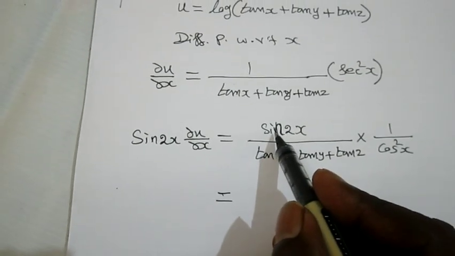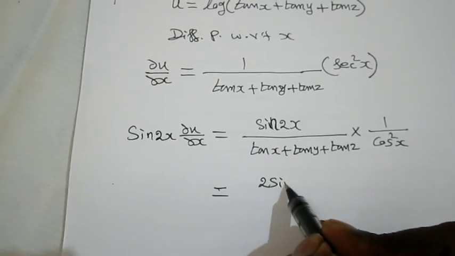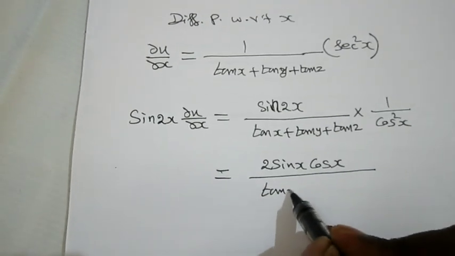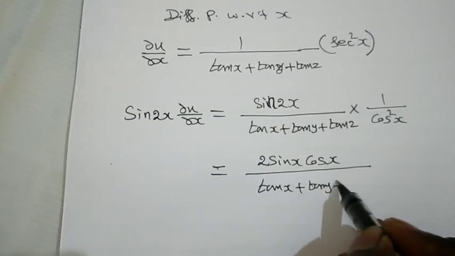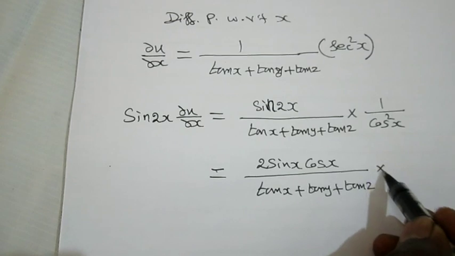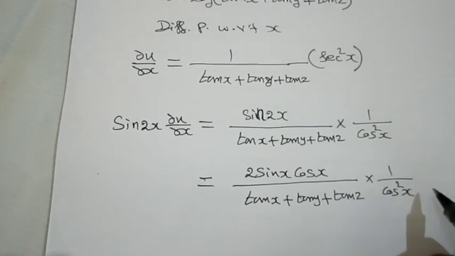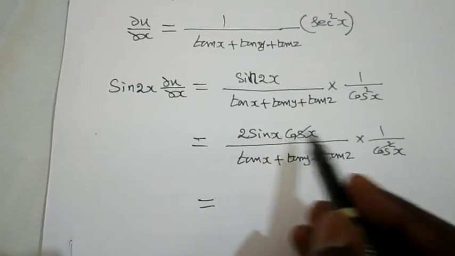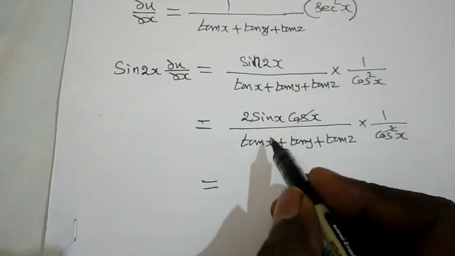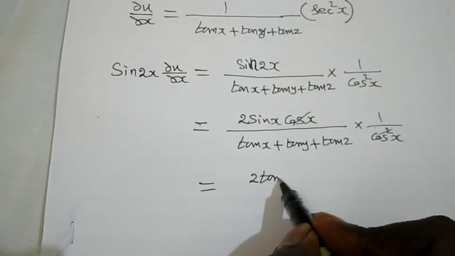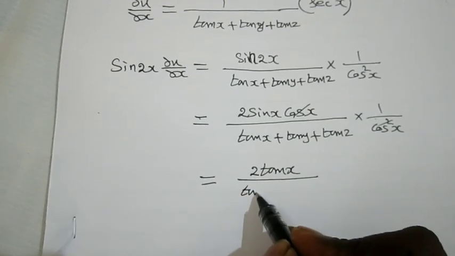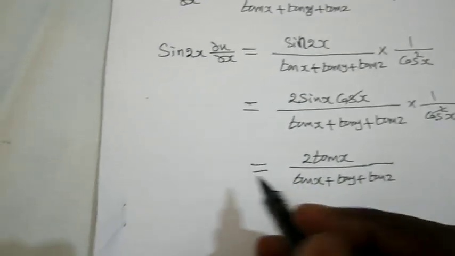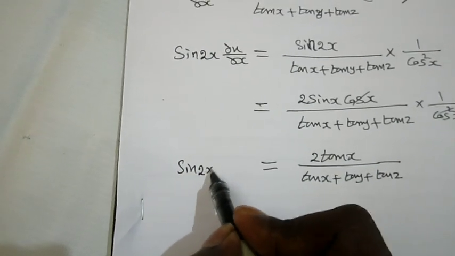And now sin 2x can be written as 2 sin x into cos x, divided by (tan x plus tan y plus tan z) into 1 by cos square x. Now one cos term can be cancelled. So the remaining sin x by cos x is tan x. So this can be written as 2 tan x divided by tan x plus tan y plus tan z in the denominator. So we found sin 2x into dou u by dou x.